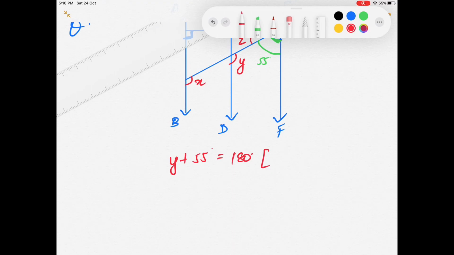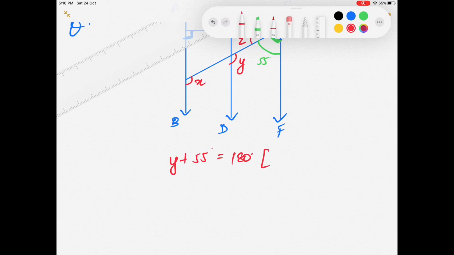If you will not write all these things, your marks will get deducted. So y plus 55 degrees is equal to 180 degrees.